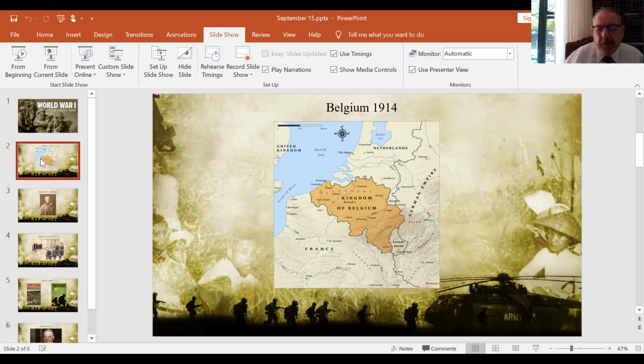The capital of Belgium is Brussels, and the area around Brussels is predominantly French speaking. And then there's an area of Belgium sort of to the northeast that borders Germany, where the predominant language is actually German. So Belgium is officially a bilingual country, but in fact, unofficially, it's a trilingual country. So very different from Holland.